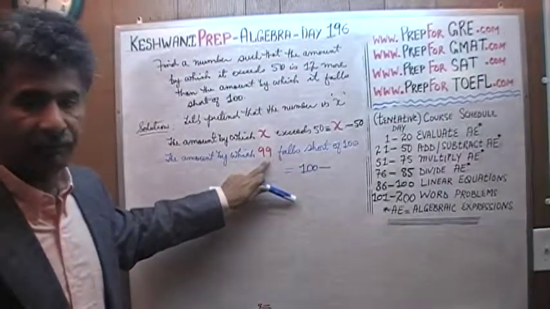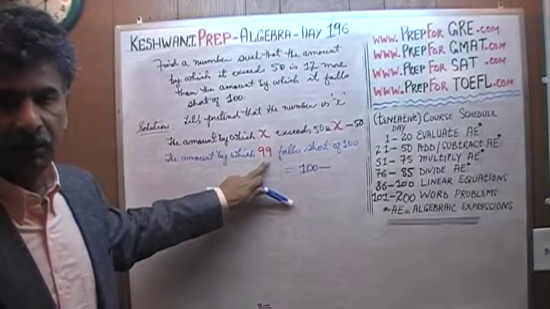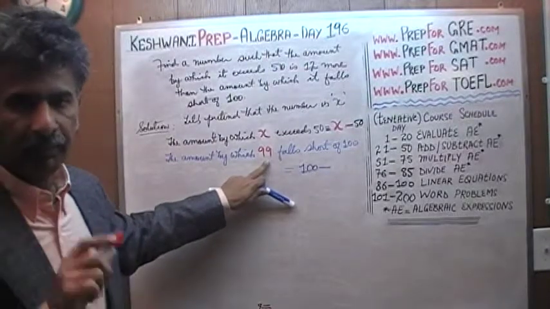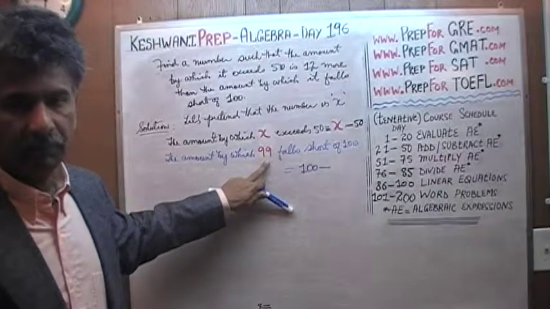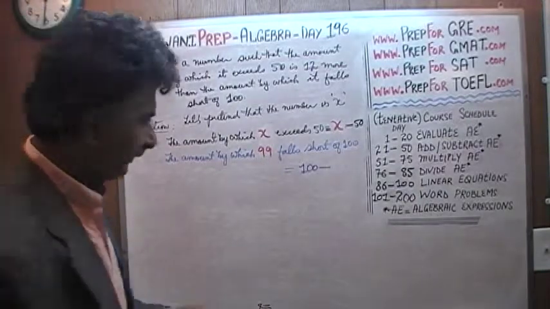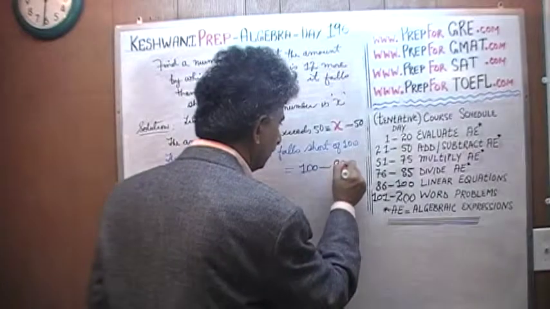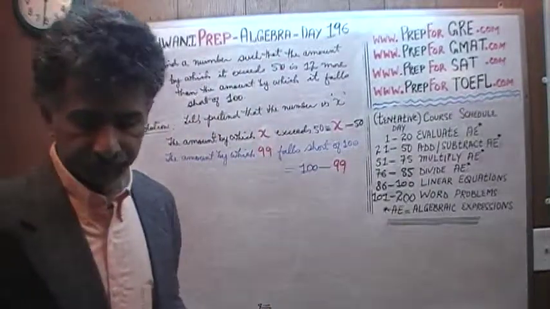How much does 99 fall short of 100? In other words, how far away is it from 100? It's only one away. 99 falls short of 100 by only one. How do we find that one? By subtracting 99 from 100.